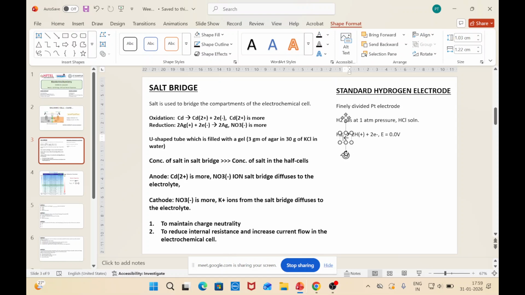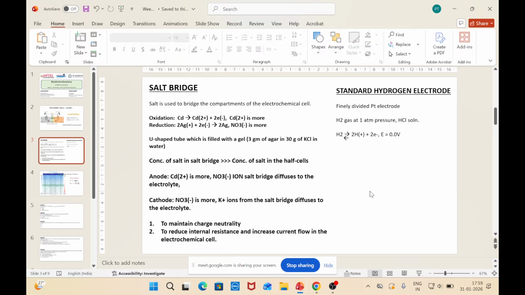Any thoughts on why hydrogen is used? The periodic table is densely populated with so many elements, but why is hydrogen used as a standard to measure the reduction or oxidation potential of other elements?